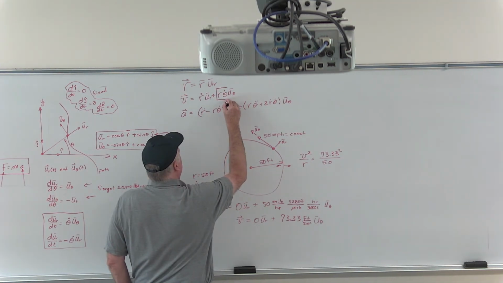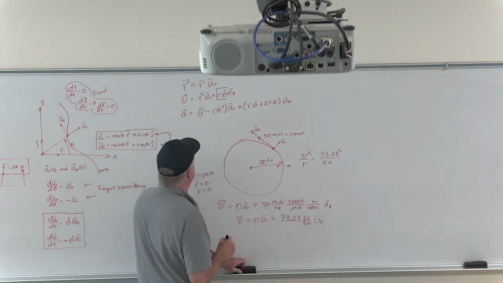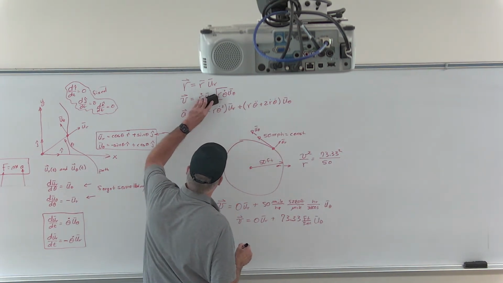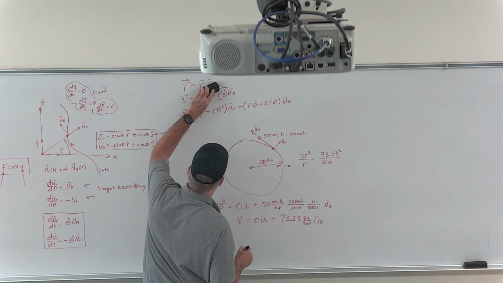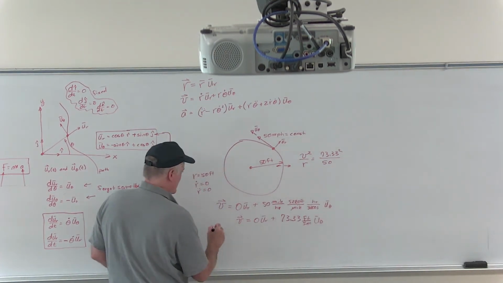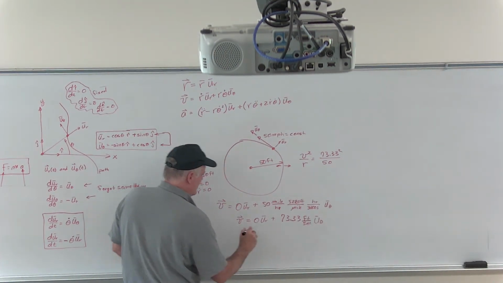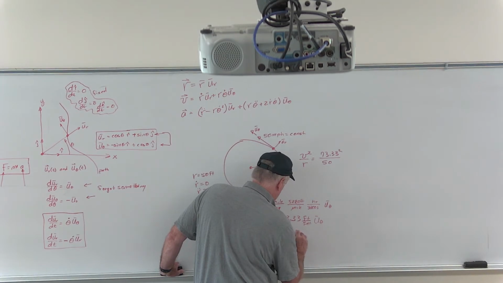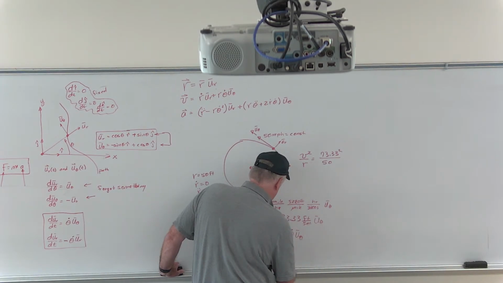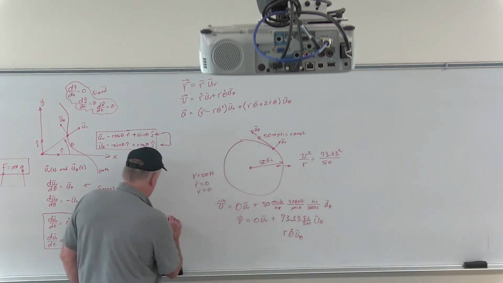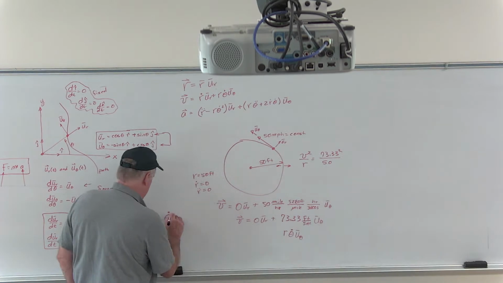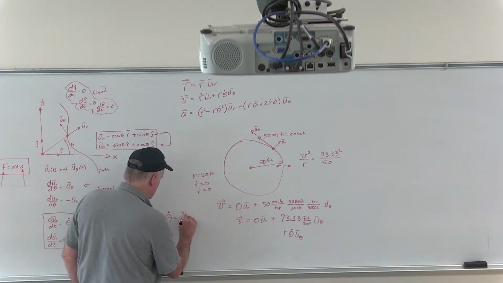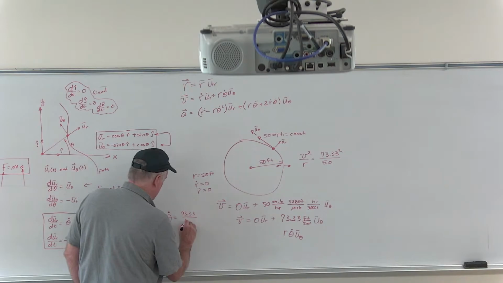I shouldn't have put a box right there because I messed up, I should have just copied it, and I can't hit the back button. So here, in other words, R theta dot U theta. So R is 50, therefore you would have to say theta dot would equal 73.33 over 50.